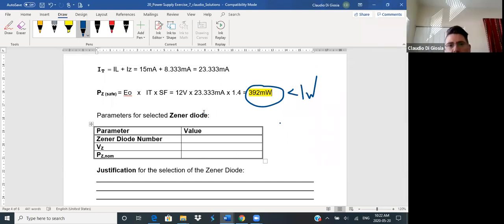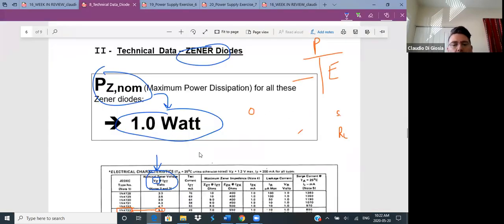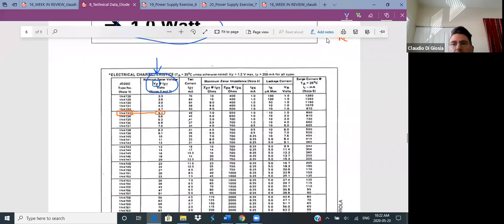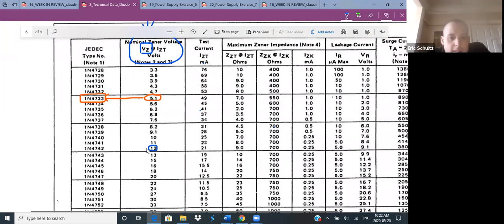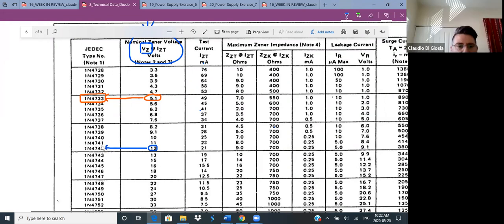Well, we have to go to the table. We know that this Zener has to maintain 12 volts. So if we go to the table, where's our 12 volts? We can zoom in here. Our 12 volts is right here. So we need a 4742. This is what we need to purchase, and this is what we need to install.